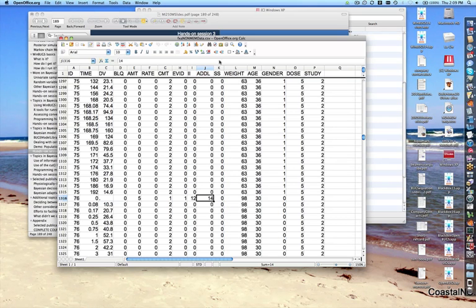And then we've got the steady state indicator is 0 in this case for everything. We've got our body weight, age, gender, and I forget which convention I used for that. And we've got doses repeated over here, but now it's got the dose in every row rather than just on the dosing events, and then a study indicator.